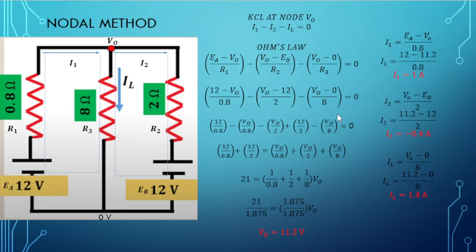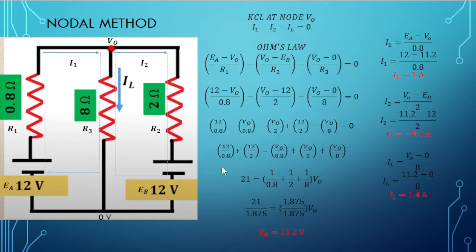So the negative signs move over, because we have 12 divided by 0.8 plus 12 divided by 2 equals VO divided by 0.8 plus VO divided by 2 plus VO divided by 8.